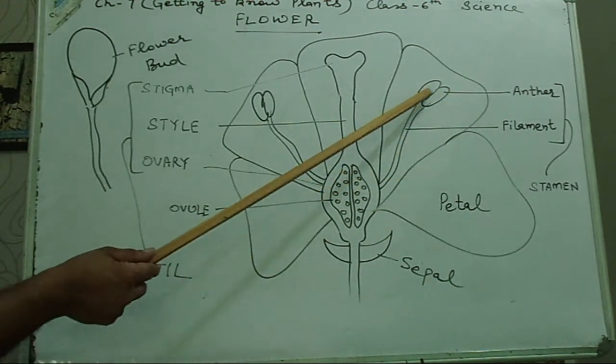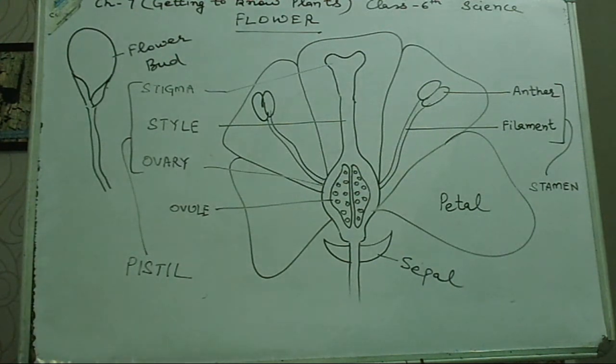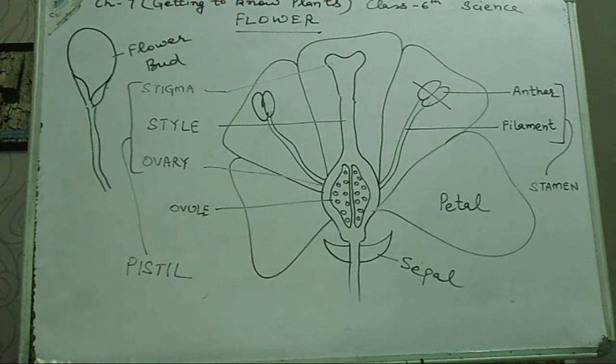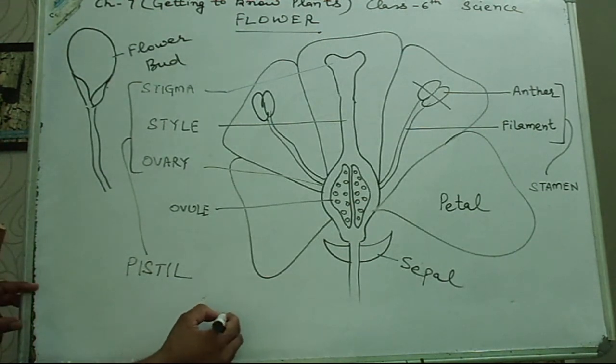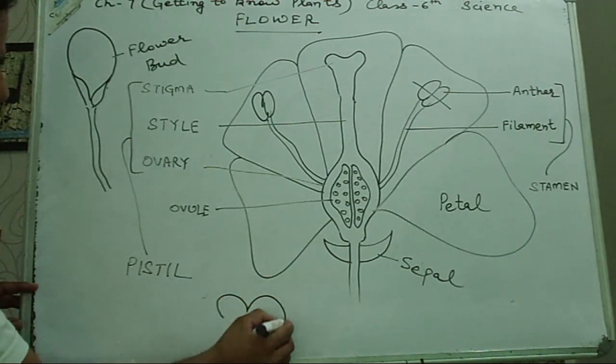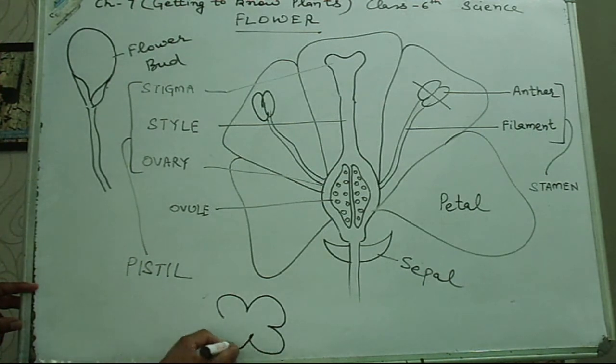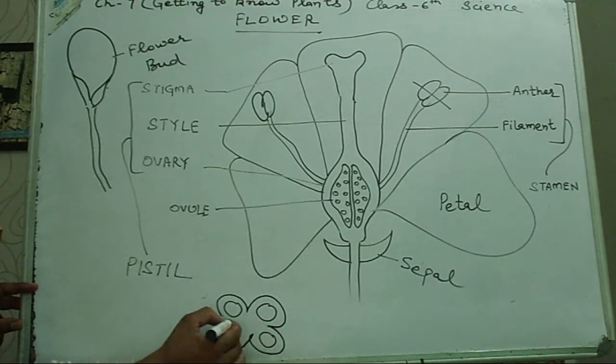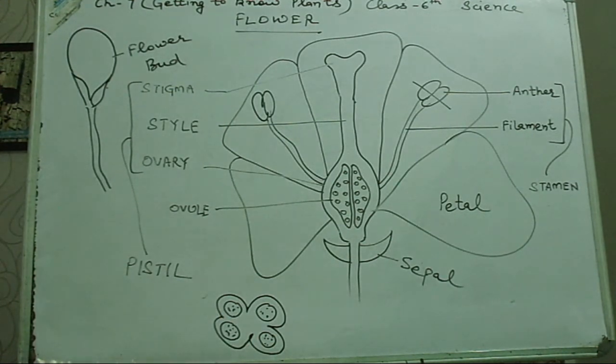This anther contains so many pollen grains. If you want to see the detailed structure of the anther, if we cut it from the center, we will observe a structure like this, and inside it there are so many pollen grains, and these pollen grains contain male gametes.